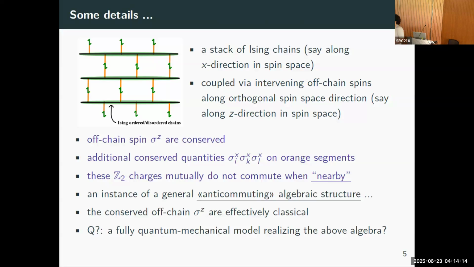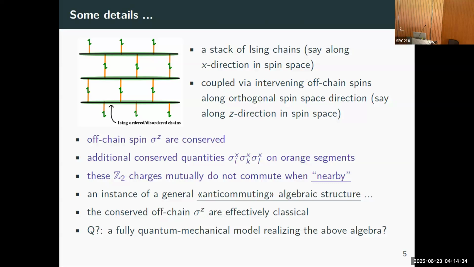So for this algebra of local charges, or local conserved quantities, I have given this a name, anti-commuting. And it's because of this algebra that you are forced into this classical spin liquidity on these intervening spins. This was worked out in that previous work.